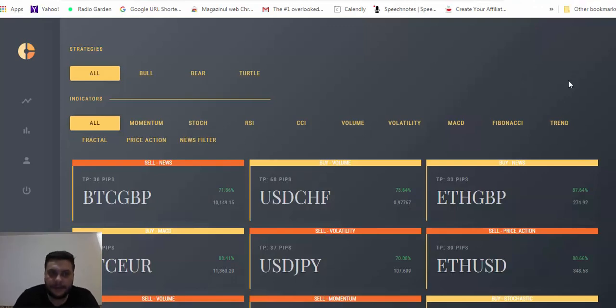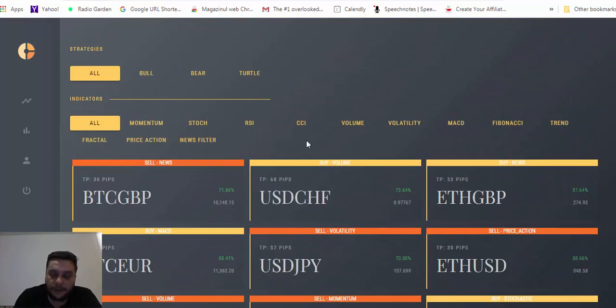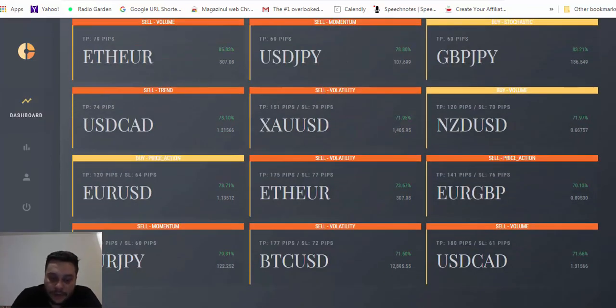Alright. So we are inside the Global Crypto app dashboard, and as you can see, the interface of Global Crypto software is a little bit changed. We don't have that window here with charts, and you can also see that more and more brokers are added to Global Crypto app.